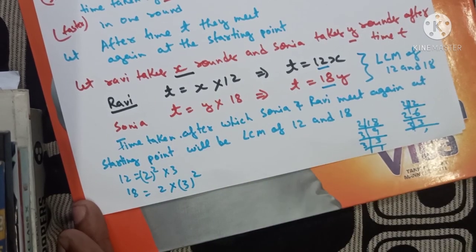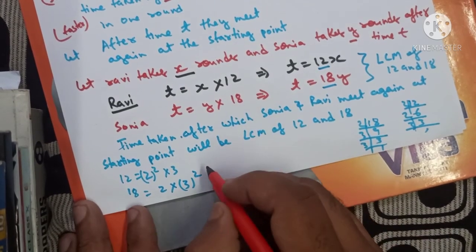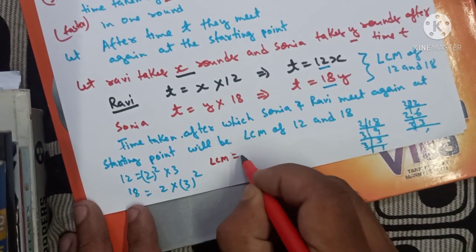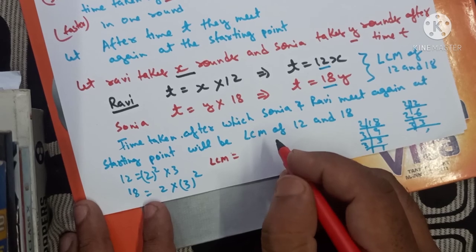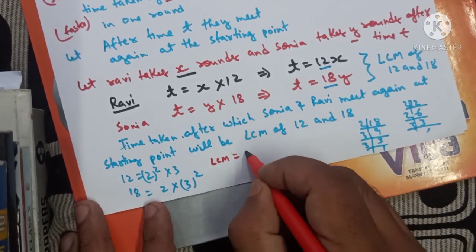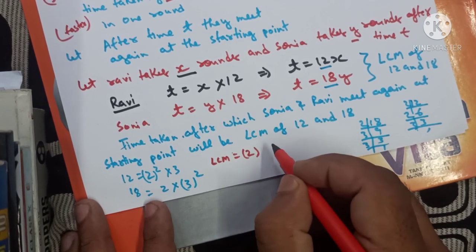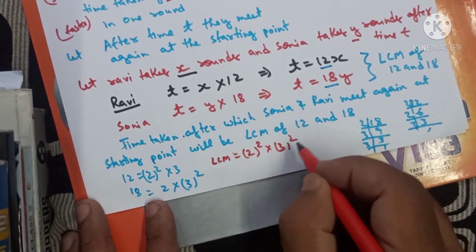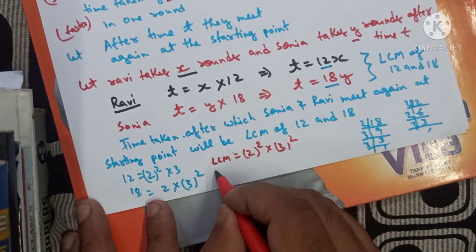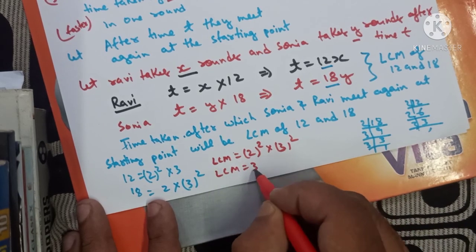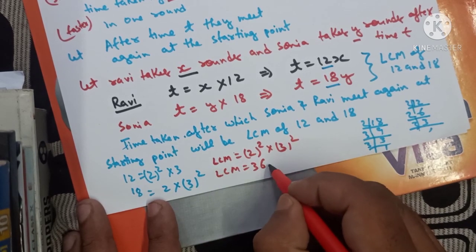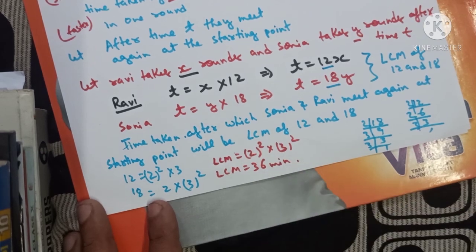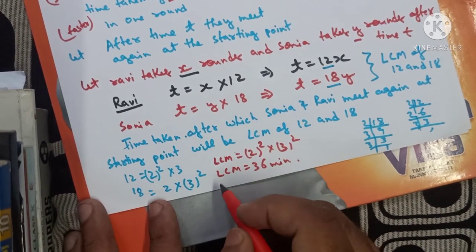The LCM is the product of the factors raised to their highest power: 2 squared into 3 squared, 4 into 9, that is 36 minutes. So they will meet after 36 minutes.